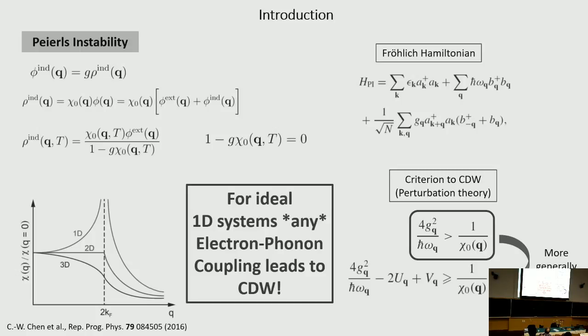But you have to see one thing that is very interesting. If your electronic susceptibility goes to infinity, in other words, has a divergence, this term on the right side of the inequality goes to 0. So any electron-phonon coupling leads to a charge density wave. This is what Peierls says.